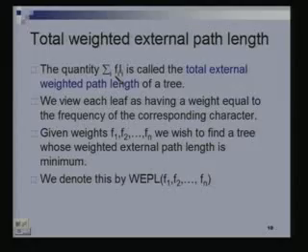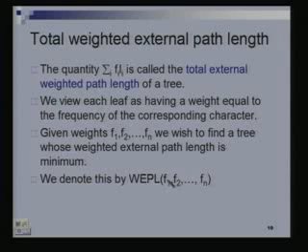So we have managed to translate our question of finding an encoding such that the length of our encoded message is minimum, to that of designing an appropriate tree. One thing I am going to assume is that when I write it in this way, f_1 is smaller than f_2, right? These are in increasing order.